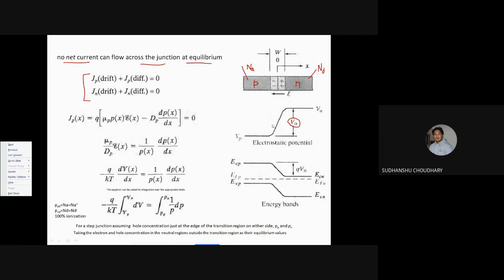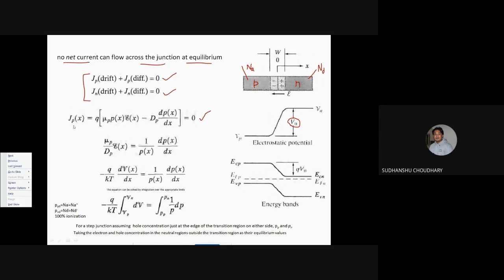For that, let us utilize this equation again, and let us say that the drift and diffusion components sum to zero. A similar process can be carried out for electrons also. Currently we are only considering holes, hole diffusion and hole drift, and we are equating it to zero.